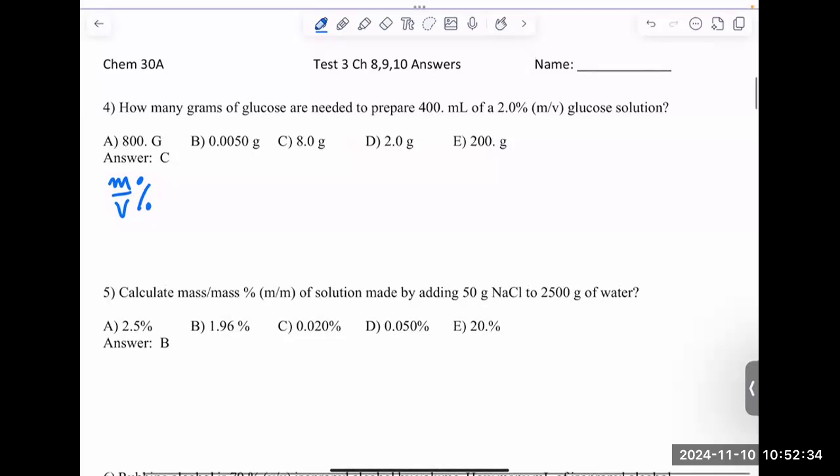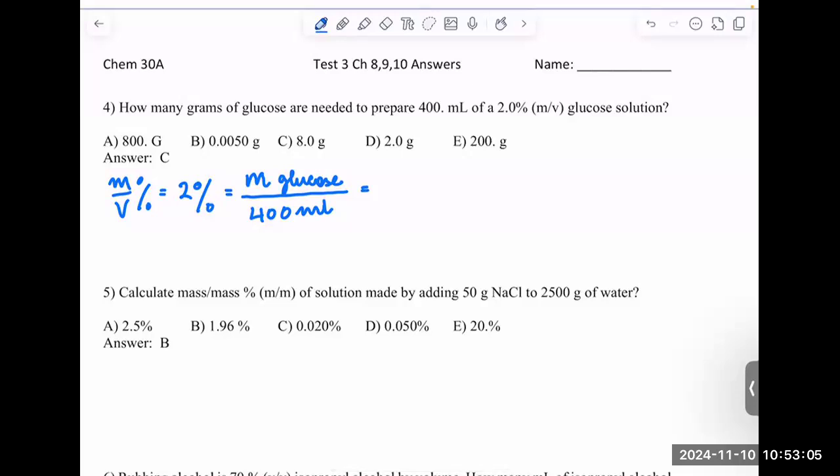So mass by volume percent is 2%, which equals the mass in grams of the glucose divided by the volume in milliliters. In this case, you don't need to change to liters. So this is 400 milliliters.